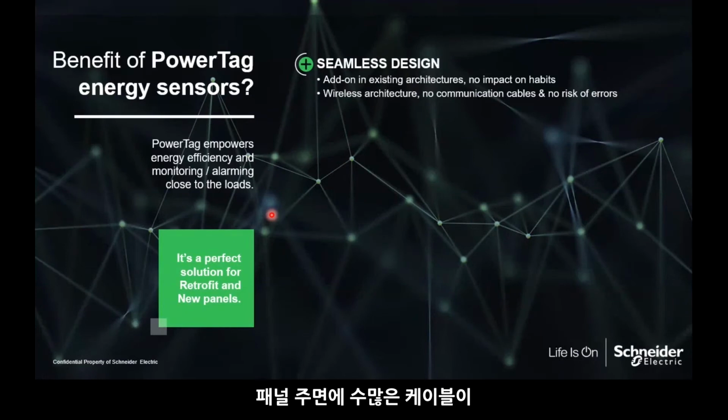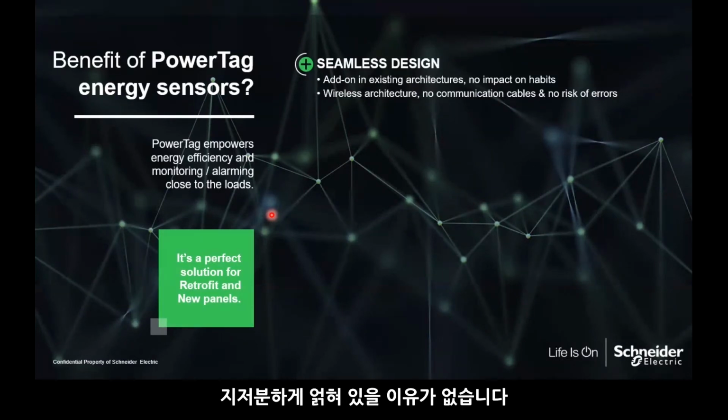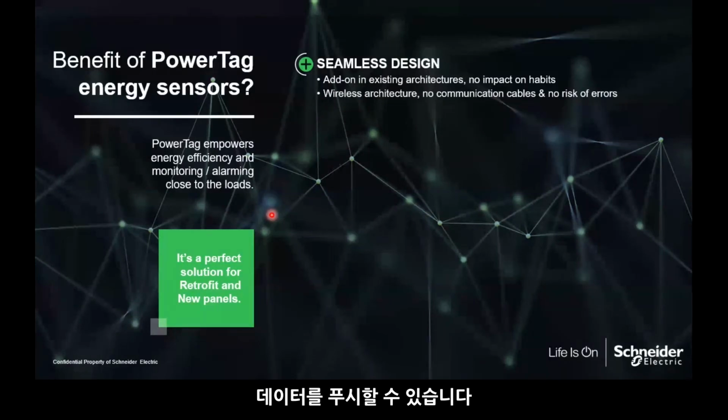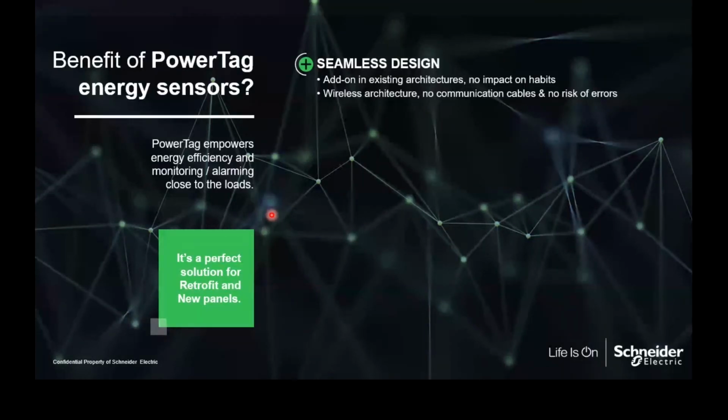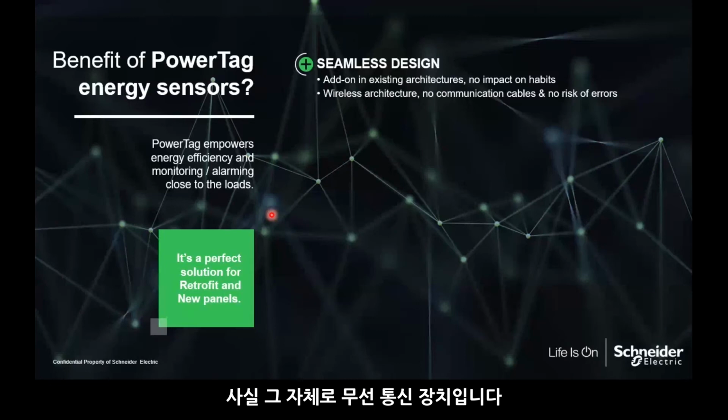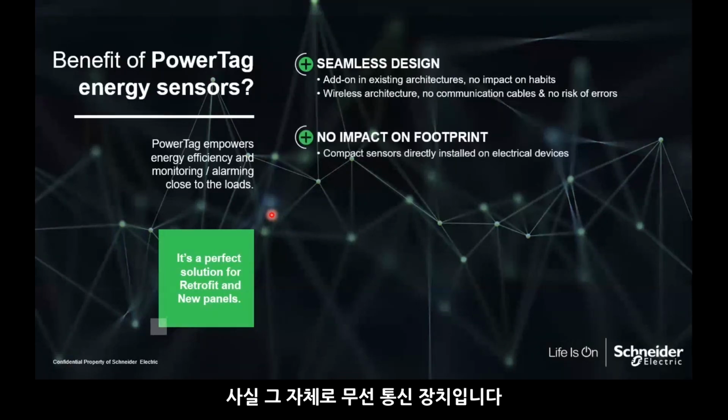So you don't have a lot of messy cable going around the panel itself just for metering communications. But from the gateway out, it could be a wire, or it could be just pushing data. So there are two solutions for connecting to the system platforms. So PowerTag as an energy sensor is by itself wireless in its communications.